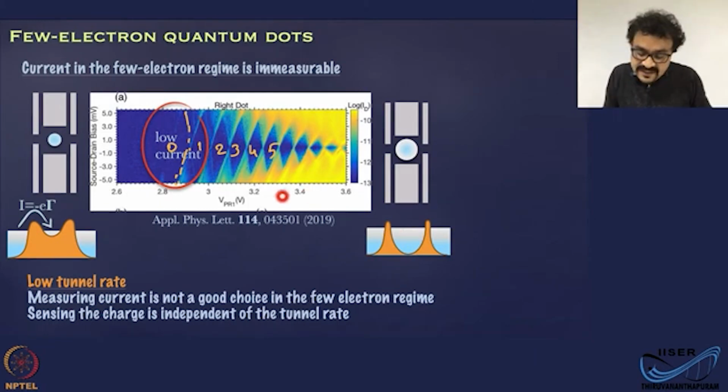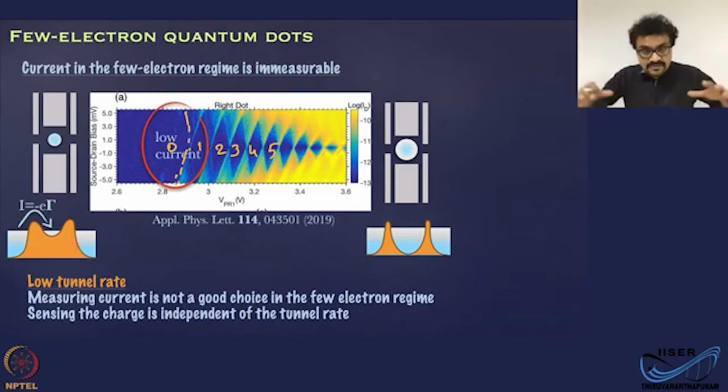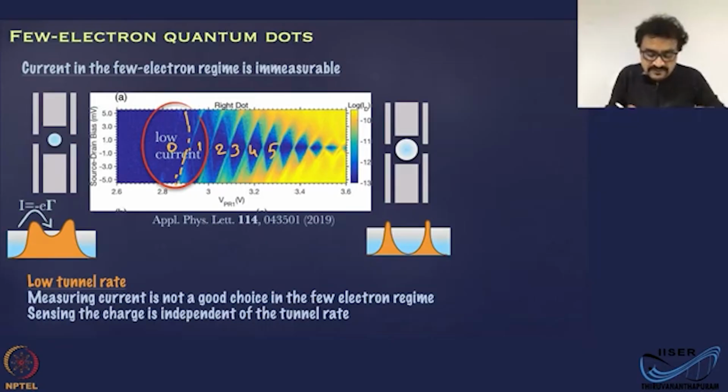And when you made the gates negative, you actually made the dot smaller, and you can see that now the tunnel barriers are thicker, because you have a lot more negative voltage. To make the dot smaller, you have to increase the negative voltage. So the field is going to creep inside more and more, and you have a much broader tunnel barrier. So you have a very thin tunnel barrier here, whereas you have a thick tunnel barrier here when you reach the few electron regime or close to the dot being empty.